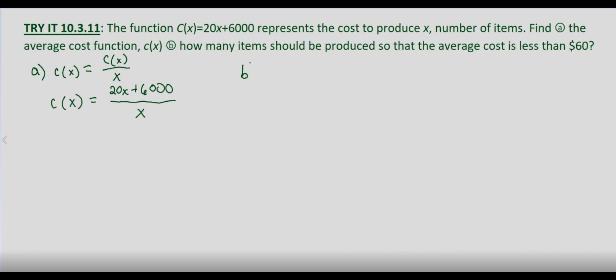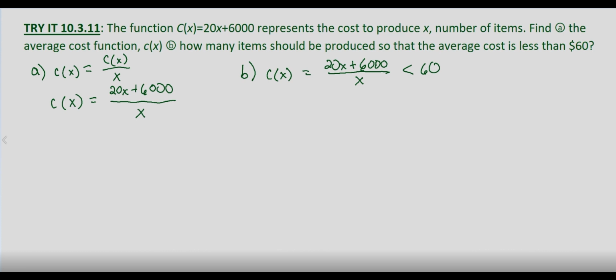With part (b), how many items should be produced so that the average cost is less than $60? Well, c of x, we already know, equals 20x plus 6,000 divided by x, and we want to know when that is going to be less than 60.